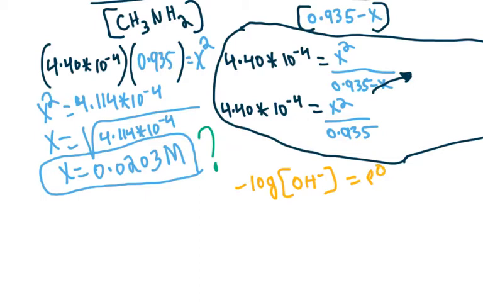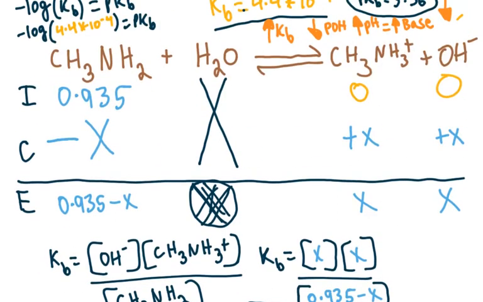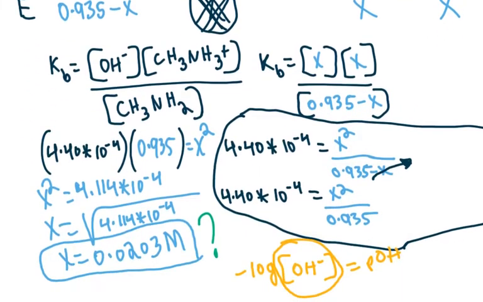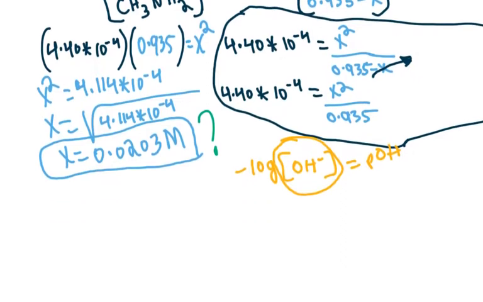How do we get this OH minus concentration? Well, let's go up to the ICE table. Our ICE table indicates that our OH minus concentration is X. Well, what did we just find? We found X, right? So that's awesome. So this means that this is our OH minus concentration, as per our ICE table.